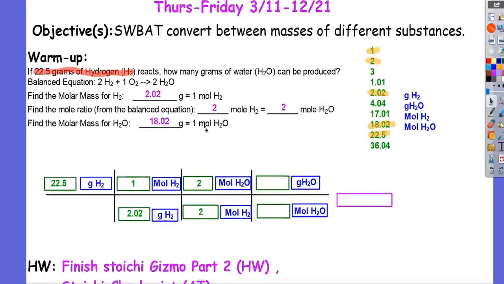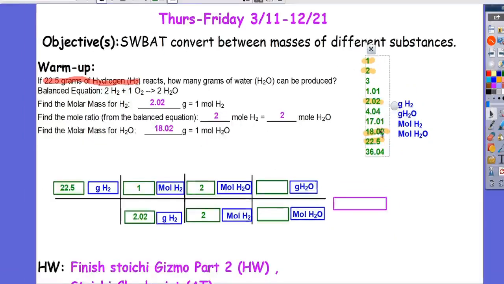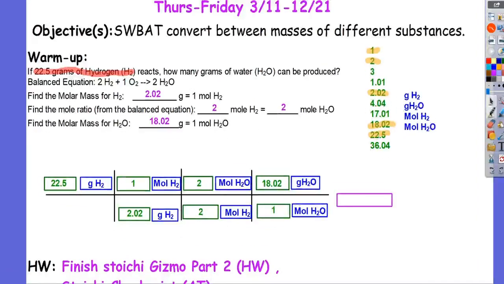And then my values are 1 mole and 18.02 grams. Now let's double check our units. I have grams on the top in my numerator and grams in my denominator. They cancel. I have moles in my numerator and moles in my denominator. They cancel. Moles of H2O on top, moles of H2O on the bottom. They cancel. So I'm going to be left with grams of H2O.